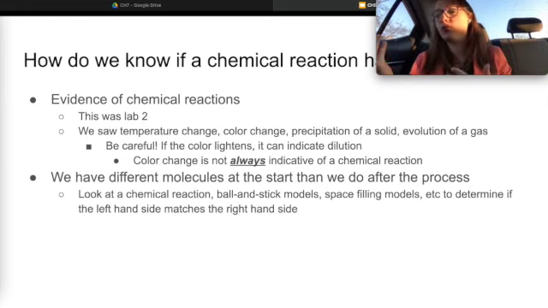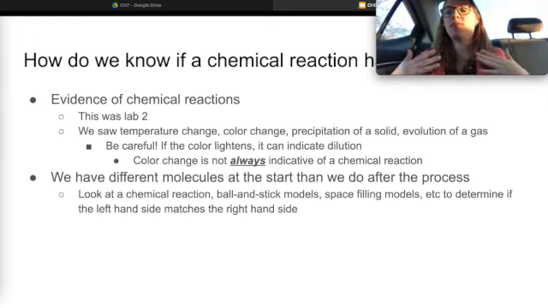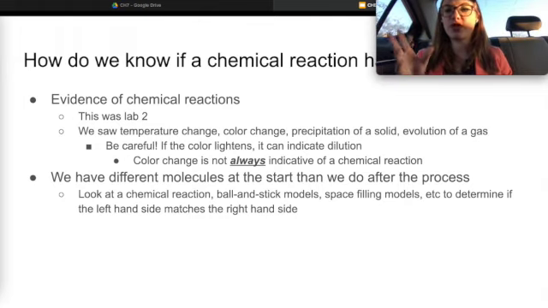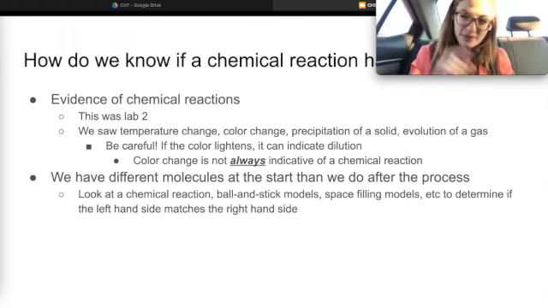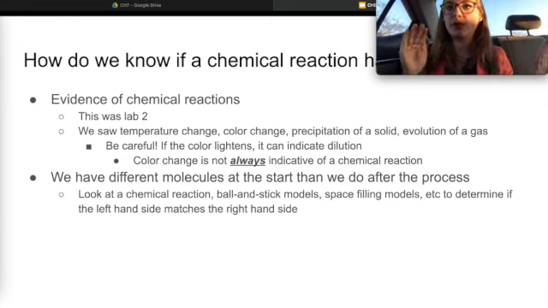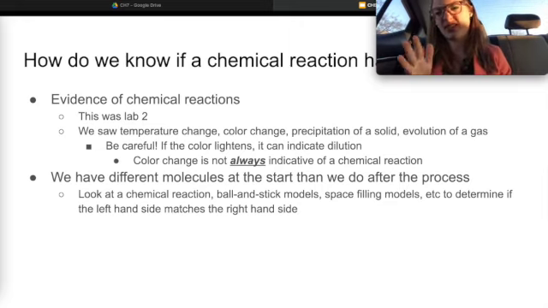If you went to a coffee shop or something, you still know you're getting coffee in the end. You're just getting coffee mixed with water. So it's just a mixture. It's not actually a chemical reaction. So that's one little tricky thing you got to be careful of with evidence of chemical reactions. But otherwise, if it literally changes to a different color, of course, chemical reaction. But if the color lightens, it might be dilution.